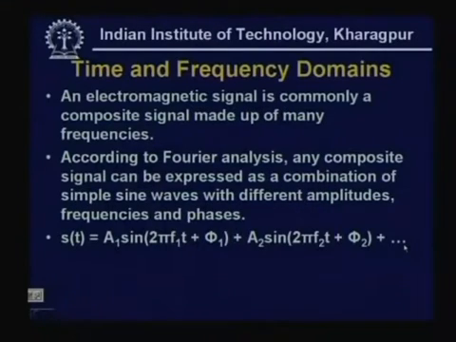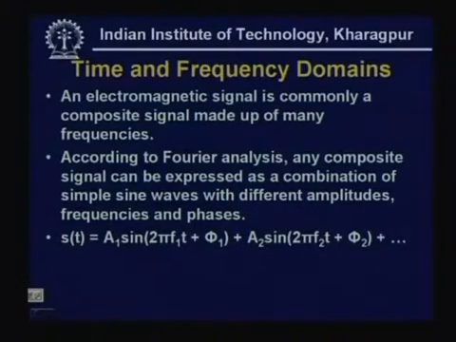Now we have discussed the time domain representation of the signal. On the x-axis we have plotted time, and the amplitude variation with time we have shown, and this can be visualized with the help of an oscilloscope. Oscilloscope is the equipment normally used to visualize the time domain representation of the signal, and we are very familiar with that.